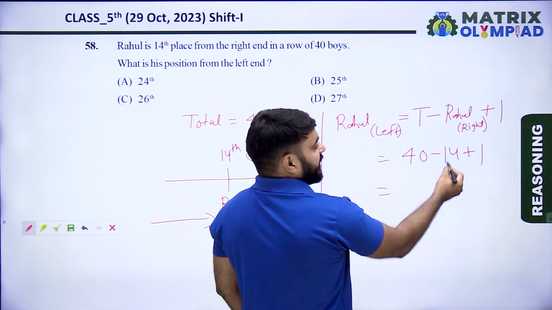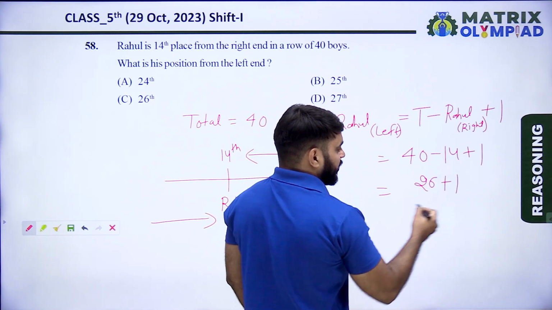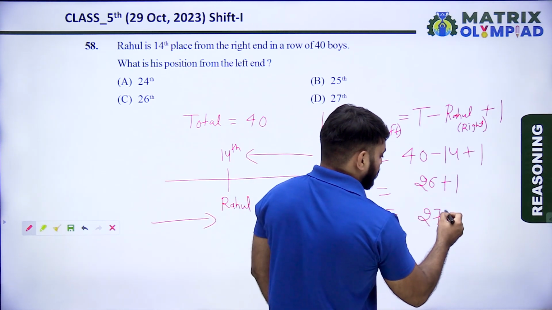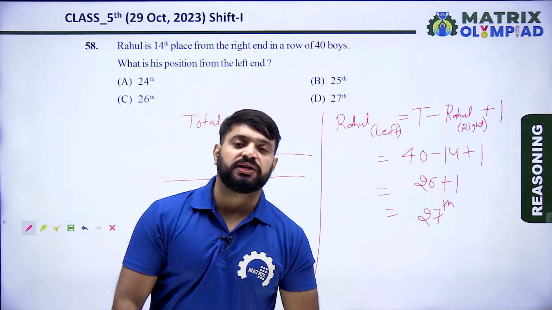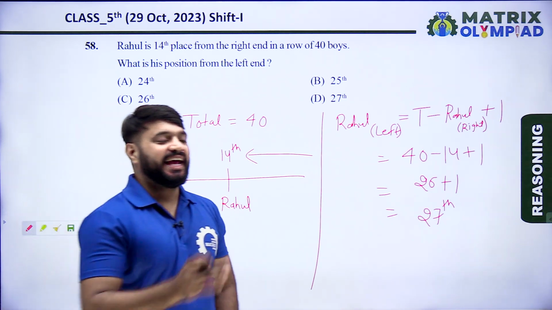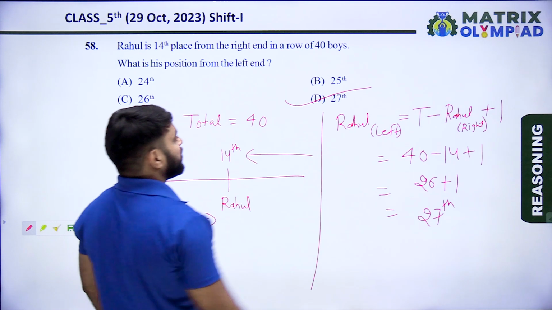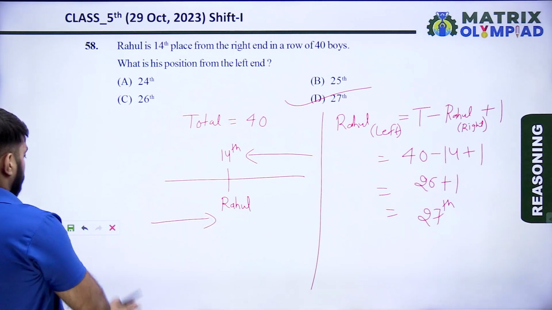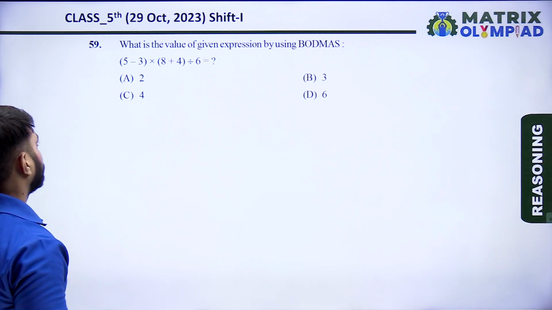So 40 minus 14, it means 26. 26 plus 1, it means 27th position. So Rahul is placed 27th from the left end in this row. So here option D is the correct answer of this question. So let's move on to the next question. So next question is question number 59.